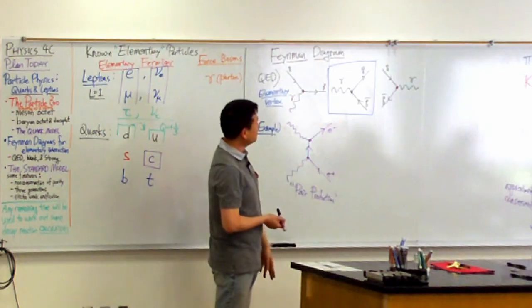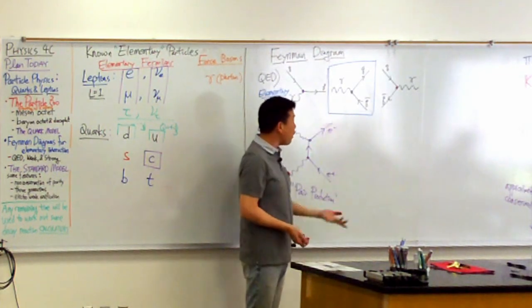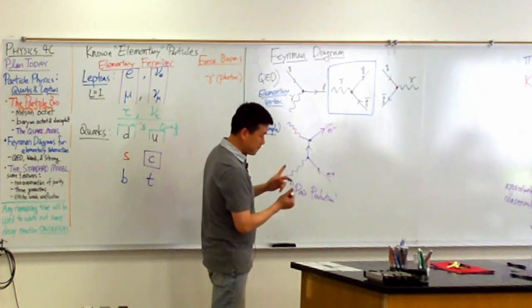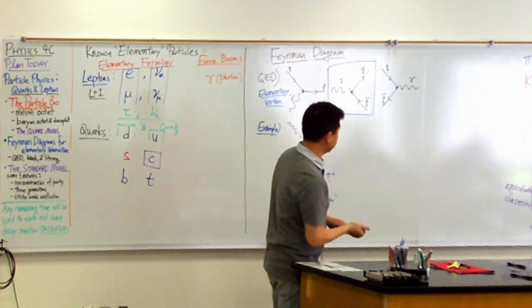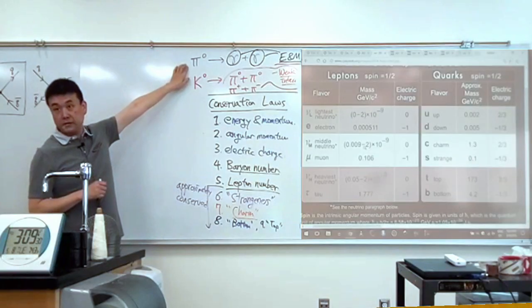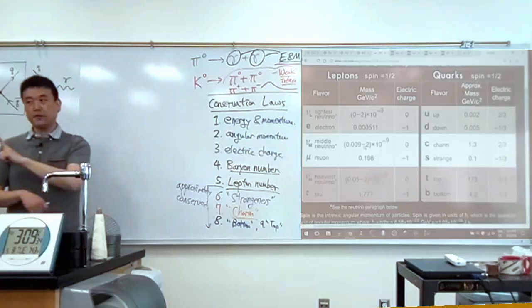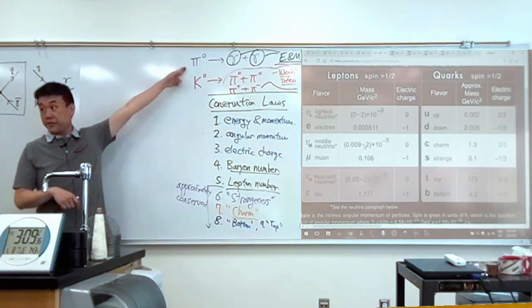It's fairly simple because you only have 1 elementary vertex. So I can give you an example when we are talking about mesons. The neutral pion decays into 2 photons. So we have to talk about the quark content of the pi meson.